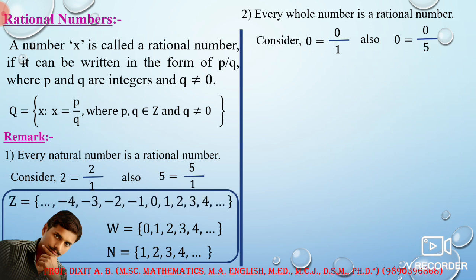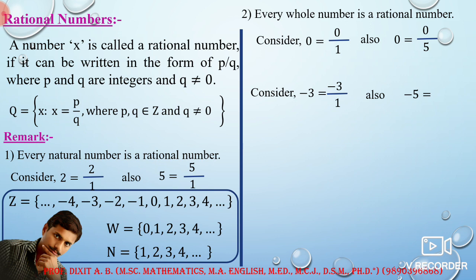Now for the third remark, I will take Z equal to the set of integers, all negatives of natural numbers and all whole numbers. So I will check for some negative numbers. Consider -3. -3 can be expressed as -3 upon 1.